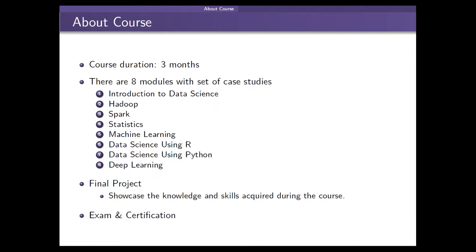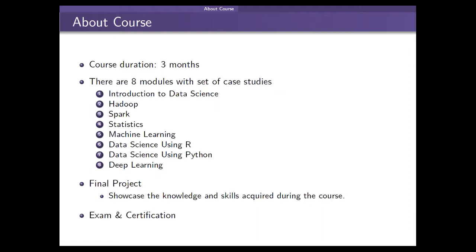So we'll take a couple of real-time scenarios or real-time case studies on all these topics. With every topic, I'm going to cover real-time scenarios, a way to apply these concepts that you have learned. And at the end, there are some projects, which actually showcase the knowledge and the skills that you got through the course.